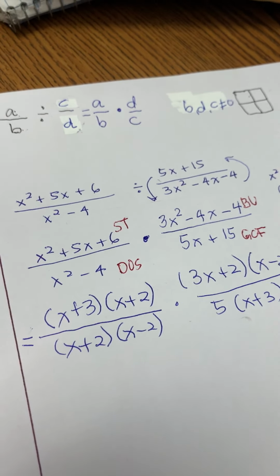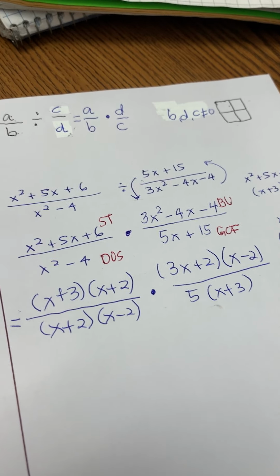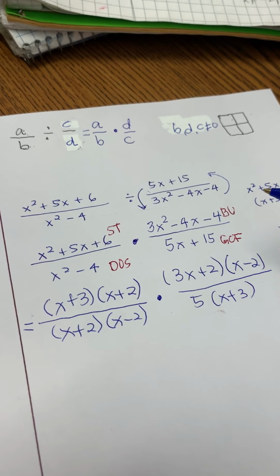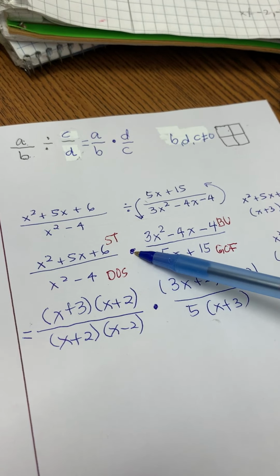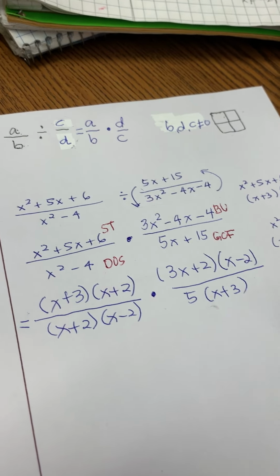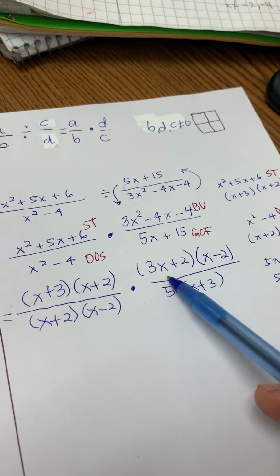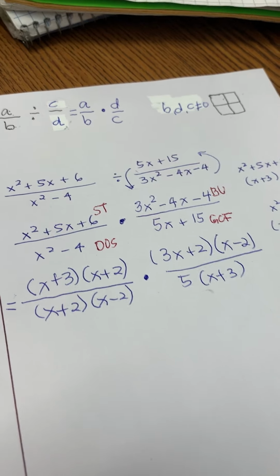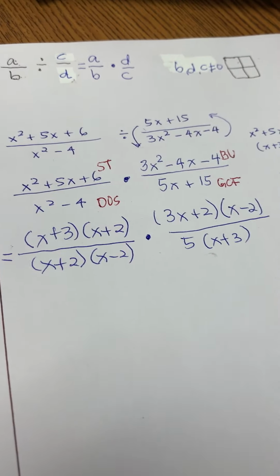Okay, so now it's multiplication. That is our previous lesson. So there is nothing new here aside from you have to get the reciprocal of this, convert it to multiplication, and the constraints. So the constraints, this, and this cannot be equal to 0. So let's get our constraints. Do not forget.